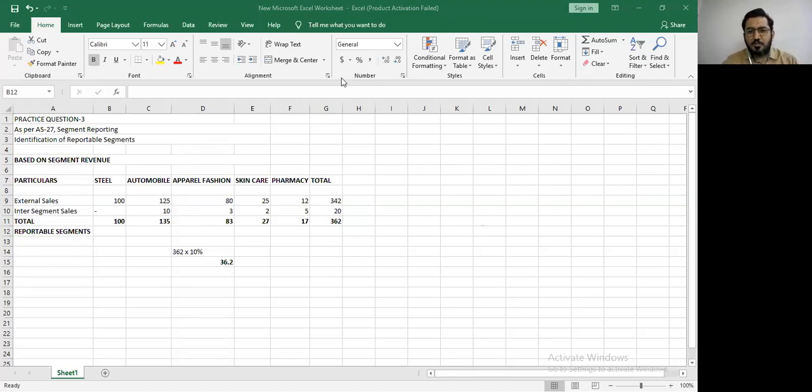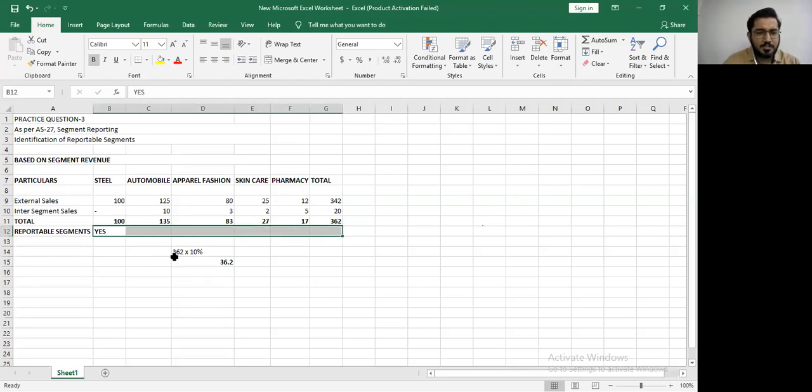Of course, separate disclosure is required for steel. Why? Because your 10% criteria gets you 36.2. But how much do you have? 100. So since it exceeds 10%, separate disclosures are required. Yes, very good. Let's proceed to the next one.